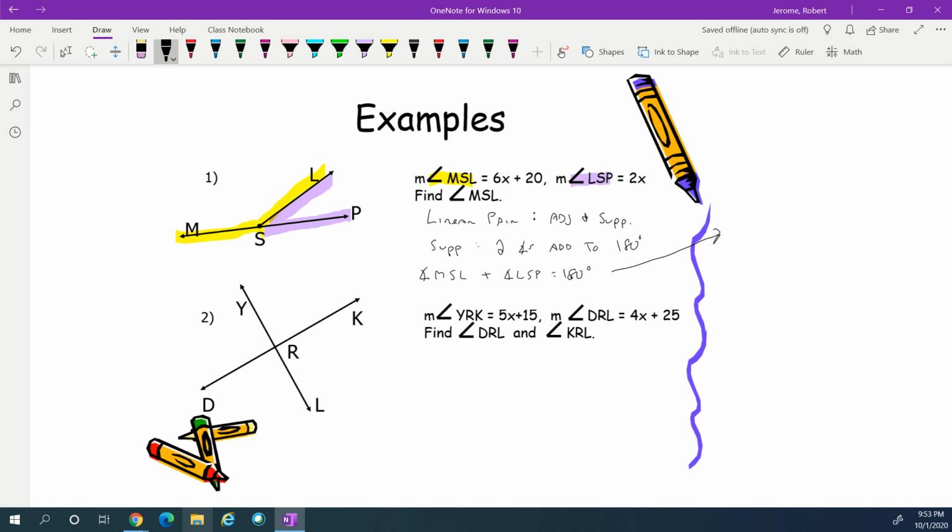So we observed that we have a linear pair. By definition, that means they're supplementary. By definition, that means they add to 180. So that gives us the equation. Now we're going to substitute MSL is 6x plus 20. LSP is 2x, and that total is 180. So we have 8x plus 20 equals 180. 8x is 160, and x equals 20.